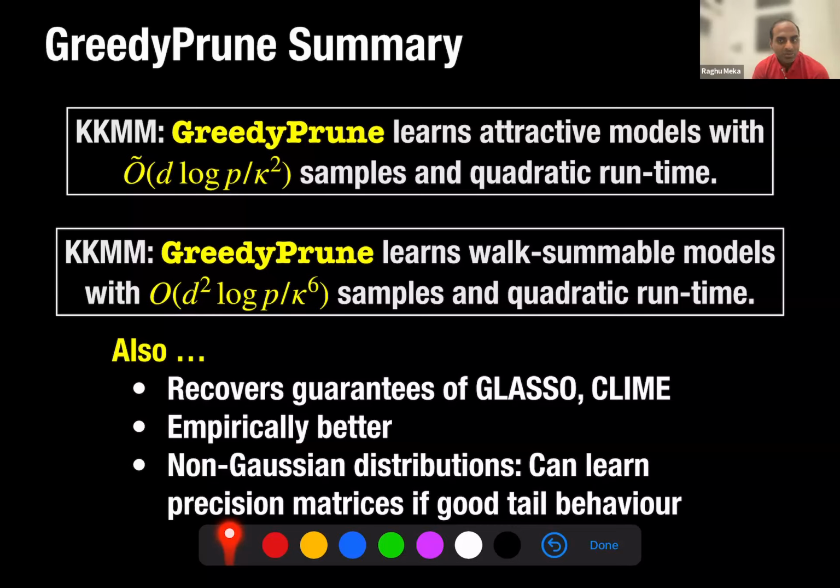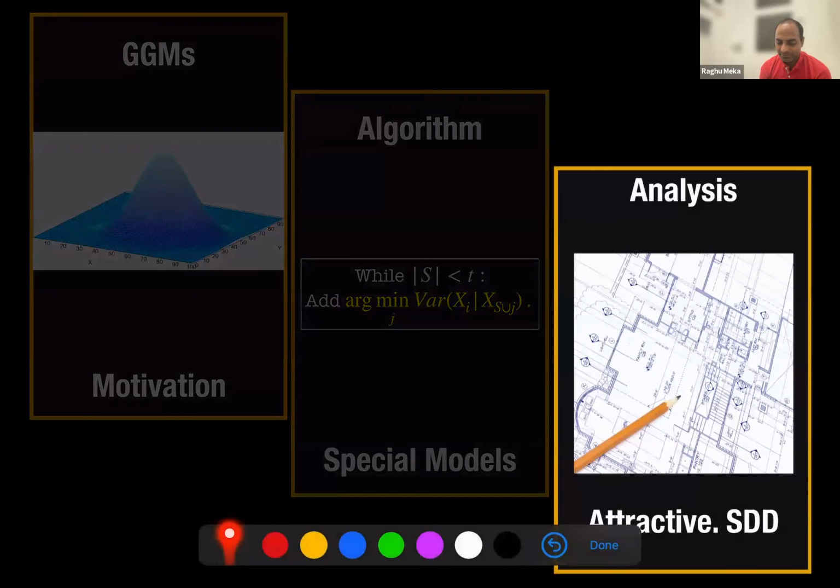The guarantees work as long as the precision matrix, the inverse of the covariance matrix, satisfies the conditions we had for Gaussian. The interpretation is not accurate, but the learning part and everything else works.